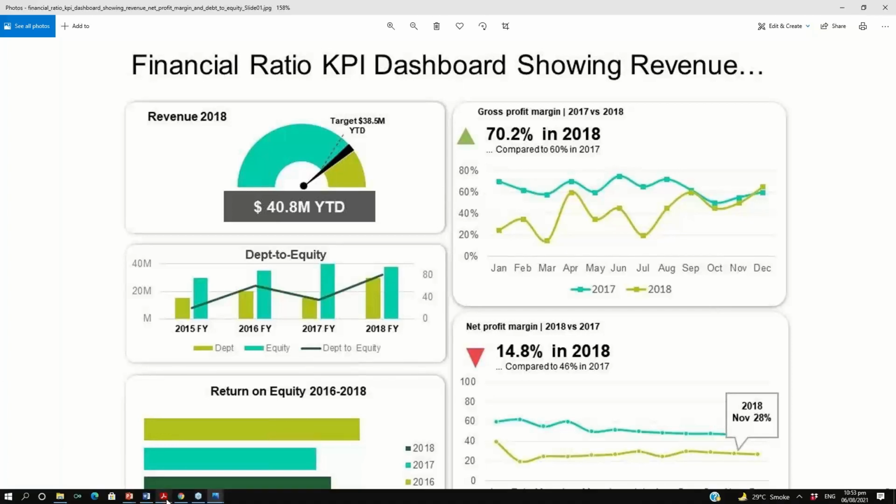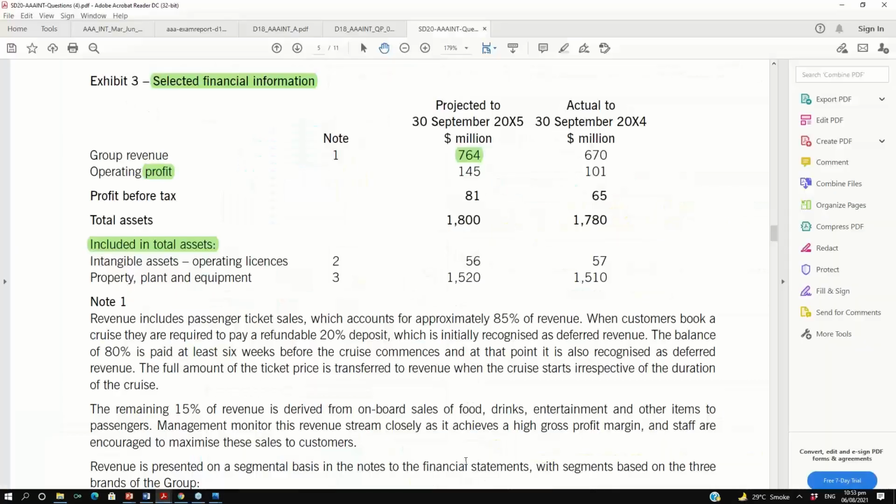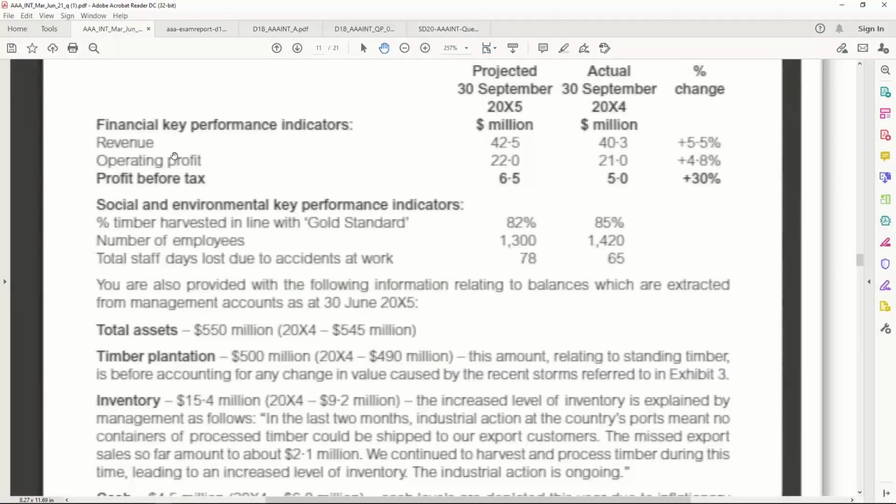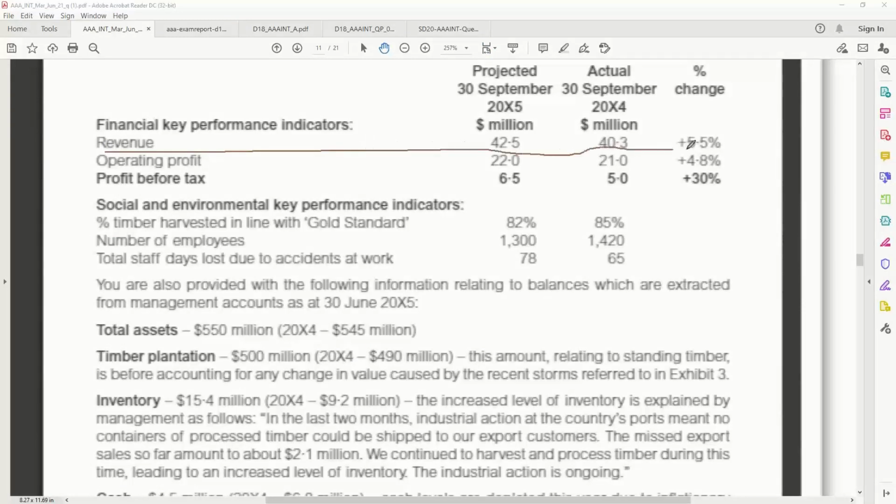I hope every one of you is getting clear with what I'm trying to say. Now just let me give you a glimpse here. Look at this June 21 exam. See the operating profit of the company. The operating profit has increased by 4.8%, whereas the profit before tax has increased by 30%.